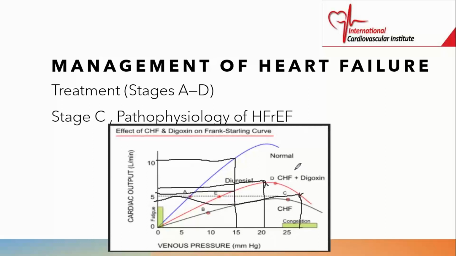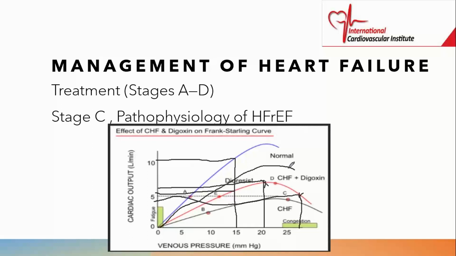It's not going to be on the same curve. They're going to trace a new curve, which is going to be to the left of the failing heart curve. So you see, this is a more favorable curve because it's now approaching the normal curve. And for any preload, you're going to get a much greater cardiac output. So giving a medication that will increase contractility is going to move the curve to the left.